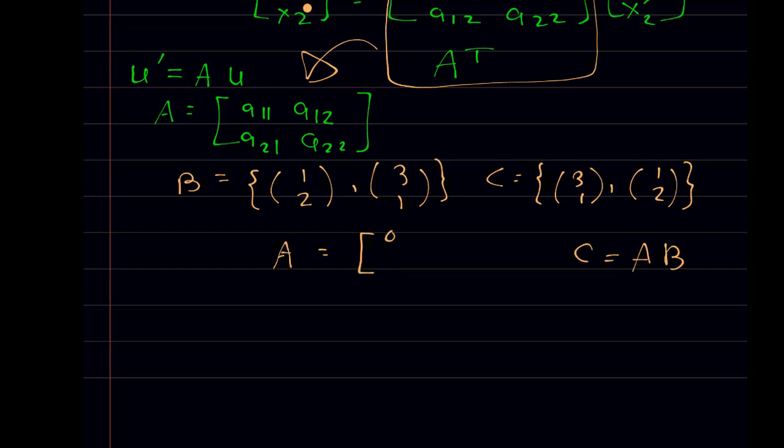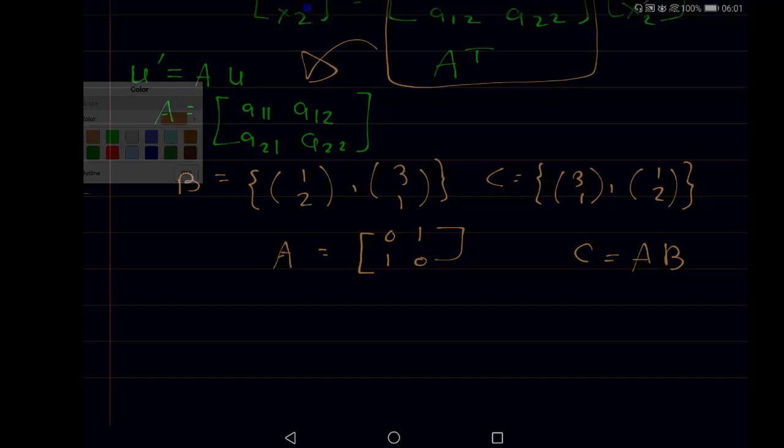Okay. Now let me tell you what we already know. You took a vector V equals (1, 7) in the standard basis.